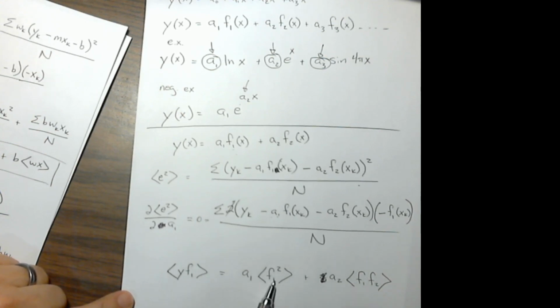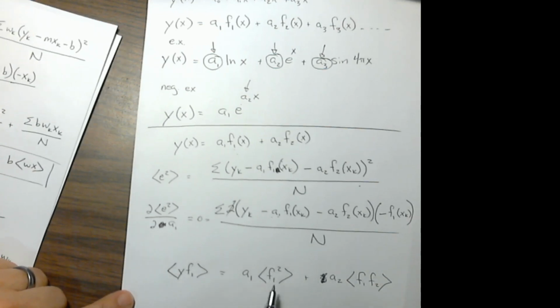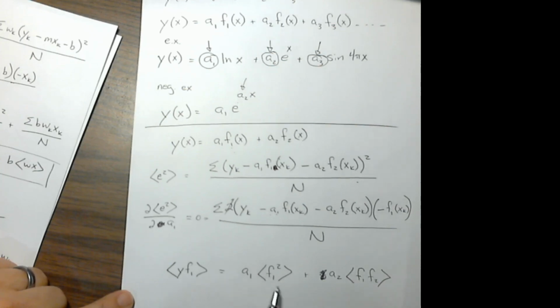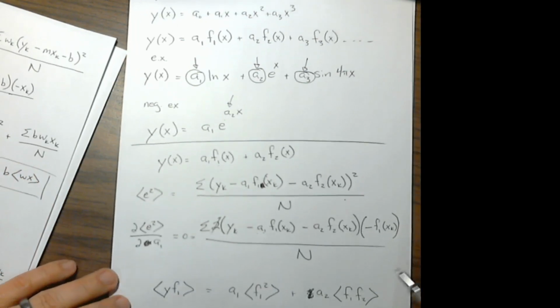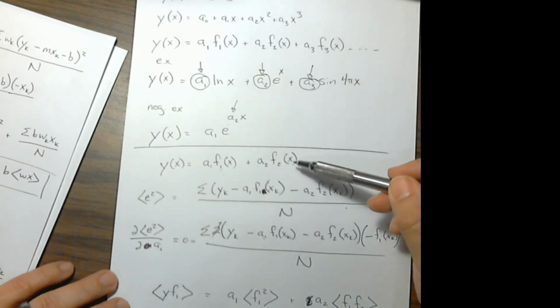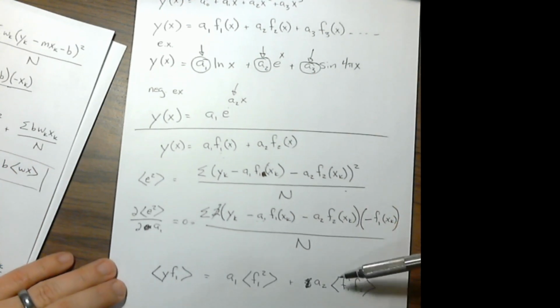And again, calculating that expected value is easy. You just make a table of f1 of x and square it. And then here you just need, again, this is easy. You just make a table of f1 times f2 and take its average, right? That's actually really easy to do. And what appeared to be a really difficult problem, a really generalist, challenging problem, is not so scary anymore.